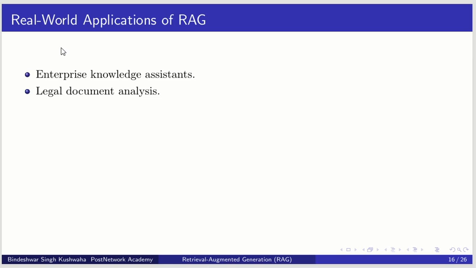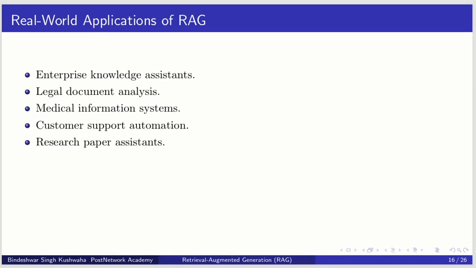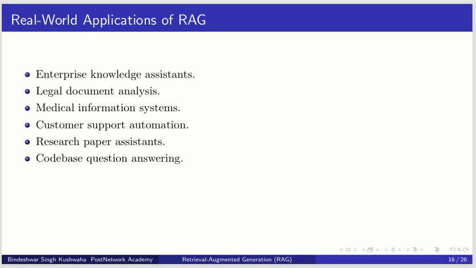Legal document analysis: you provide the collected documents and it analyzes them. A medical information system can be made. Customer support automation: just give the data, and if any customer puts a query, it retrieves the information and gives the answer. Research paper assistance and code based question answering can also be done.